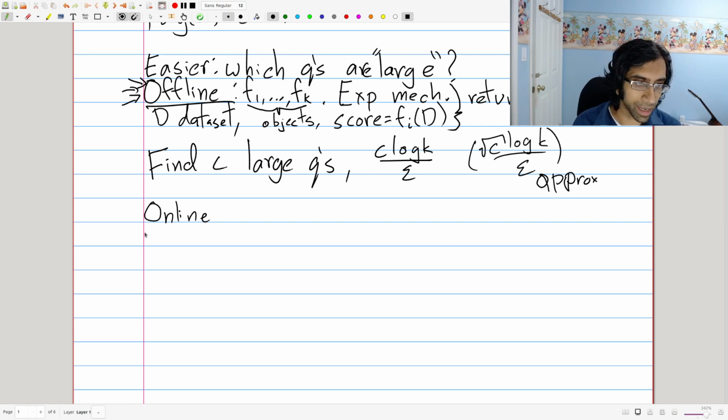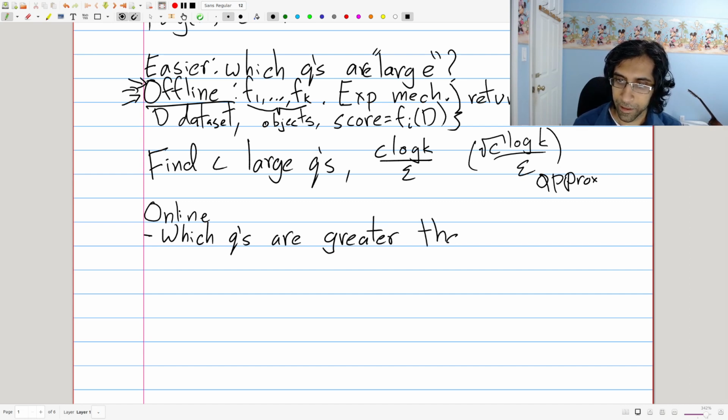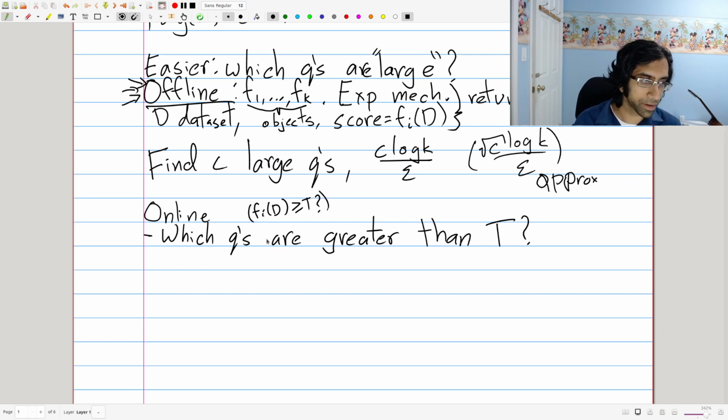So in the online setting, we're going to be trying to answer the following question: which queries are greater than some threshold? So there's some threshold T, and our goal is to return the queries which give a value on the data set, specifically which f_i of D are greater than or equal to T. That's what we're trying to answer.